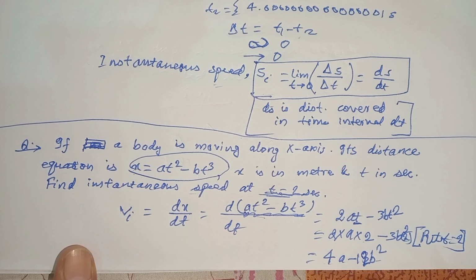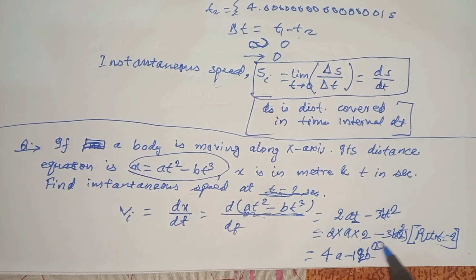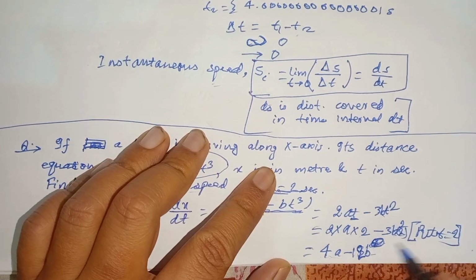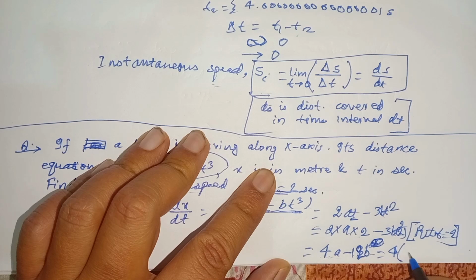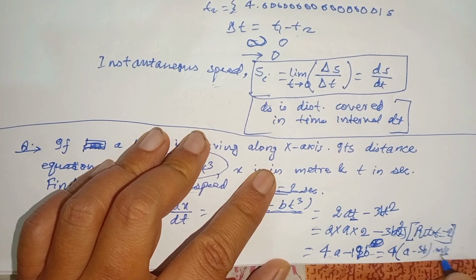Taking 4 as common, it is 4(a minus 3b) meter per second. This is the answer.